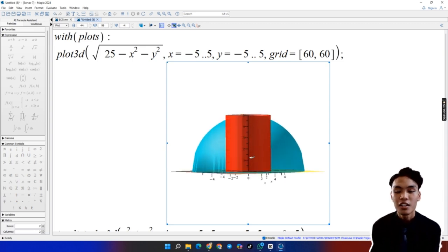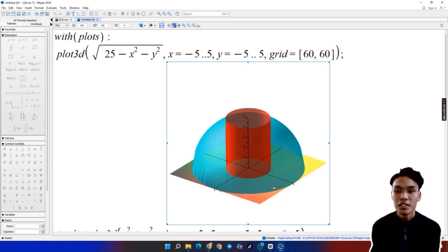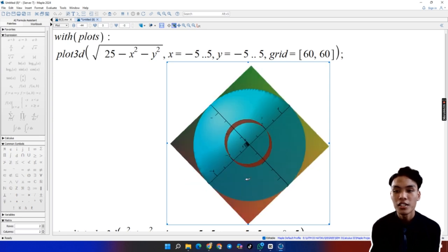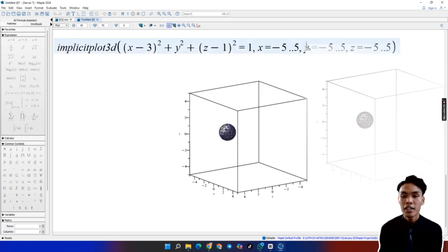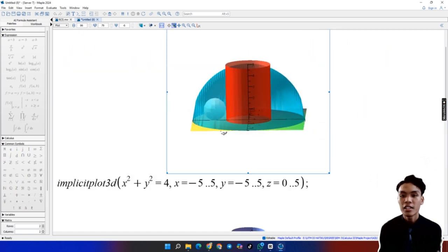And we want to insert the sphere that I choose, inside the hemisphere but outside the cylinder and above the xy plane. Therefore, I choose a sphere with center (3, 0, 1) so that it will be exactly tangent to the cylinder, but on the outside, and inside the hemisphere.